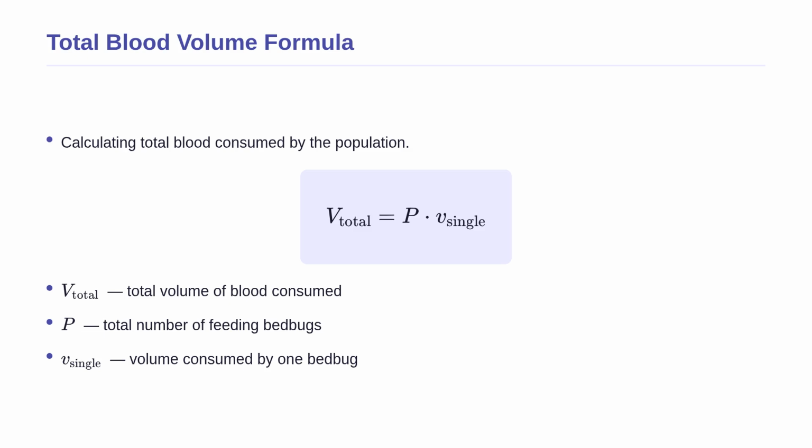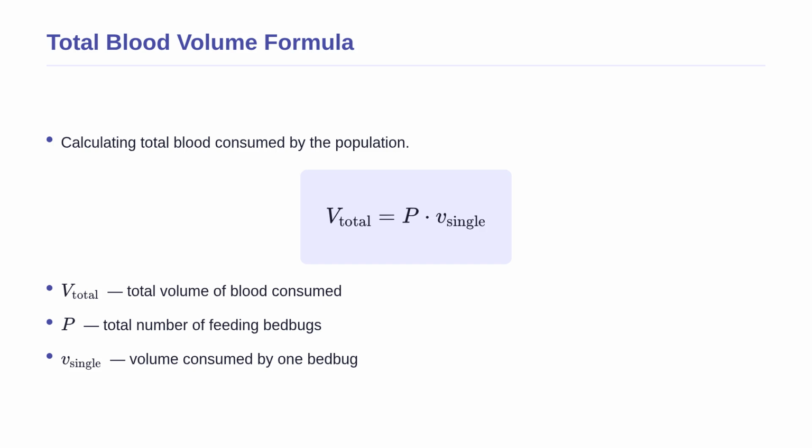This brings us to a straightforward linear model to calculate blood loss. Conceptually, if we know how much one bug eats, we just multiply it by the number of bugs feeding. In this formula, V total represents the total volume of blood consumed by the entire bedbug population. The variable P stands for the total population, or the number of feeding bedbugs.